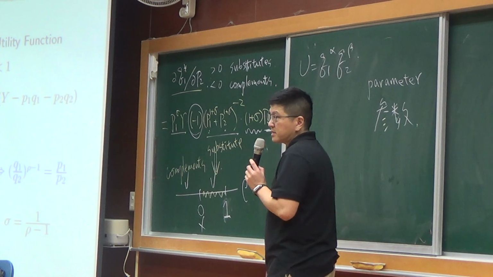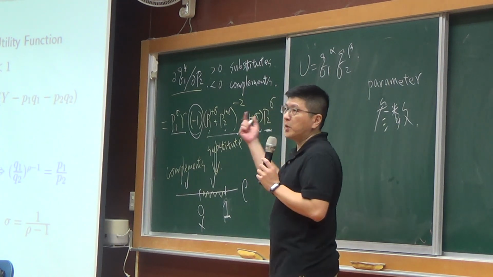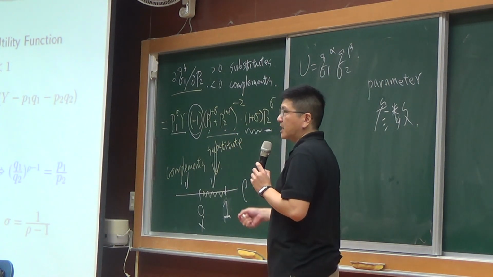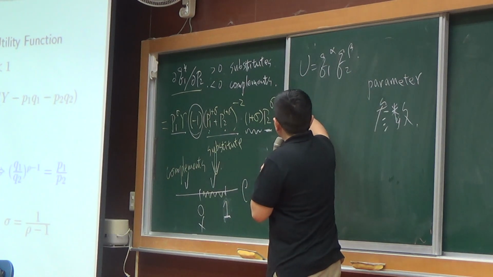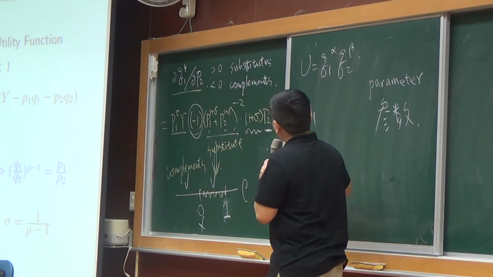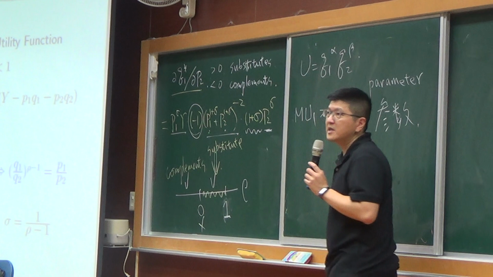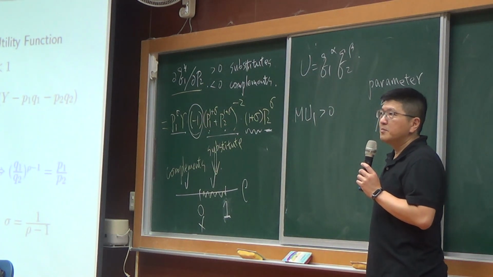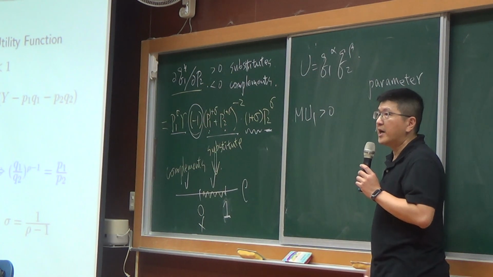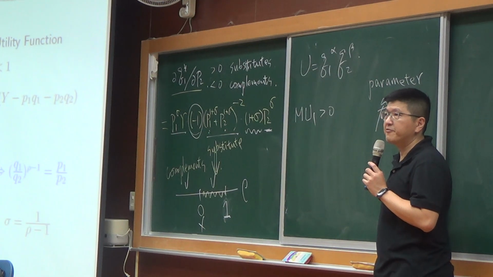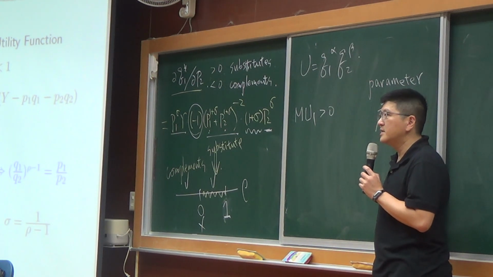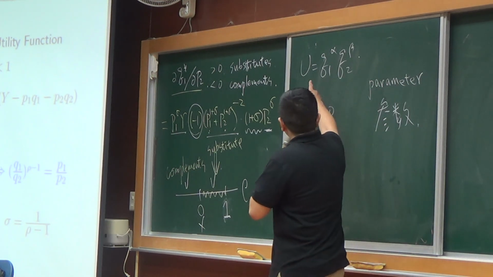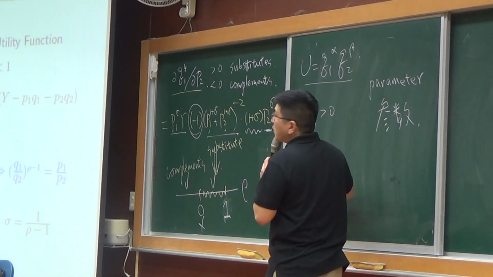What does it mean if we say good 1 is a good, not bad? It means marginal utility 1 must be positive, right? The more of good 1 we consume, the higher the utility we have, the happier we are. The more the better, right? So what is MU1?